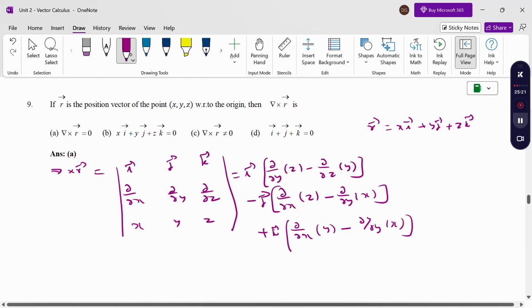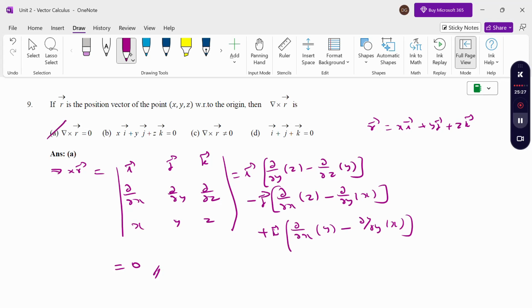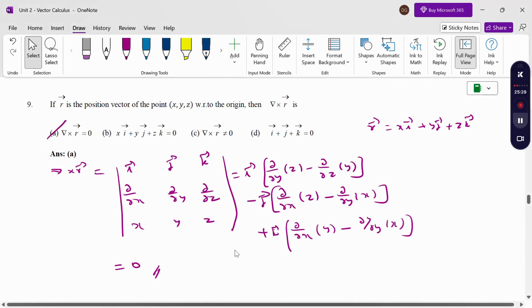When the variables are compared, all are 0. So the answer is del cross r vector equals vector 0.